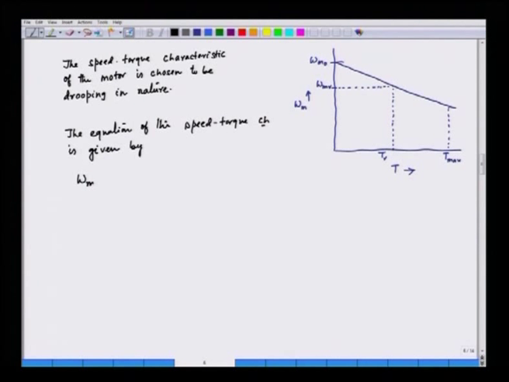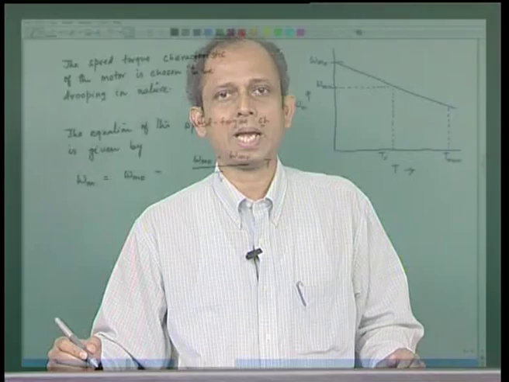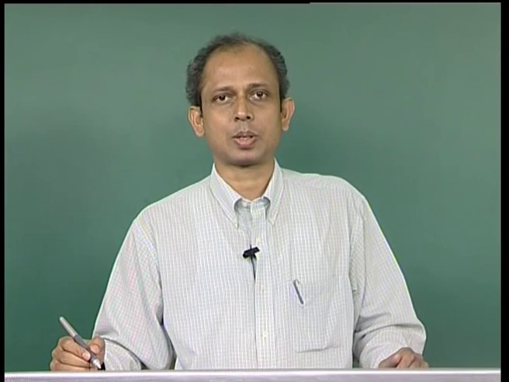omega m is equal to omega m naught minus omega m naught minus omega m r divided by T r into T, where T is the torque. So, this equation shows the variation of omega m with capital T, that is the torque.